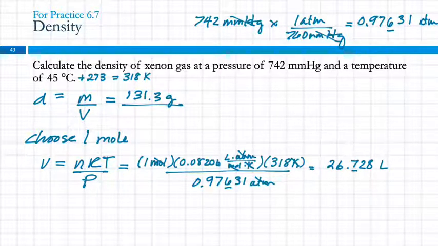Now this is not at STP, but it's not crazy different from STP. And so we get this volume here of 26, which is in the ballpark of 21 or 22, so we can feel pretty good about that. If I ended up with 0.7 liters of gas or 5 gazillion, I'd have to check my math. So that's the volume of 1 mole of this gas under these conditions.